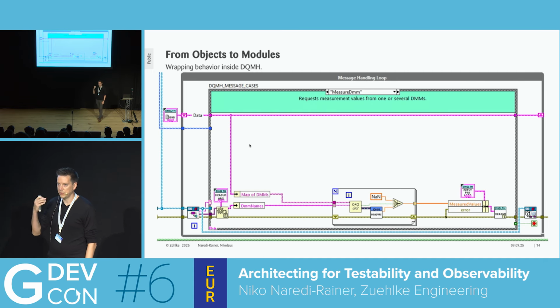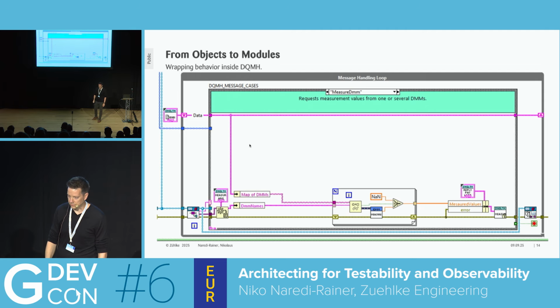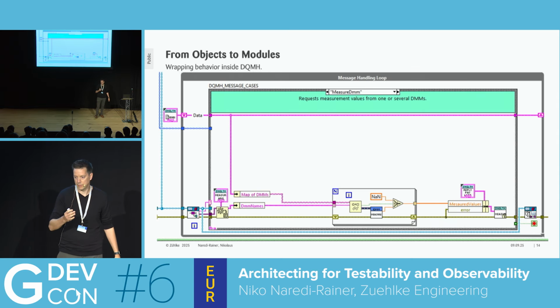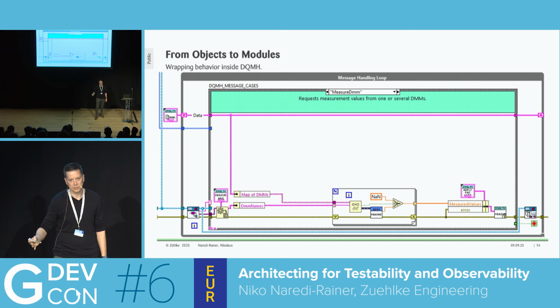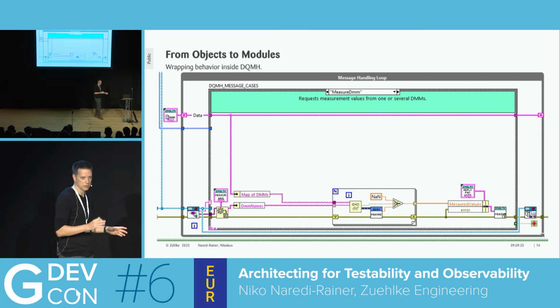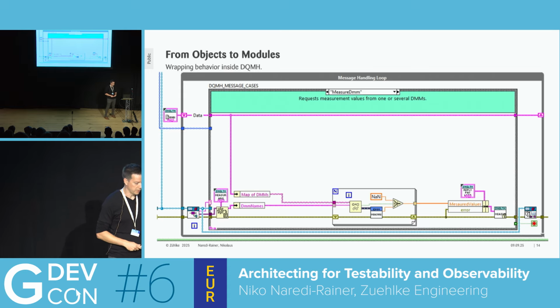Then I just put in the names of the DMMs that need to measure something, search for that name in the map, return that object, execute the measure function, and then broadcast out the result of that. If the element is not found in the map, I'm returning out a number. That is not suited for any real application, but it just shows the purpose of where I want to go.